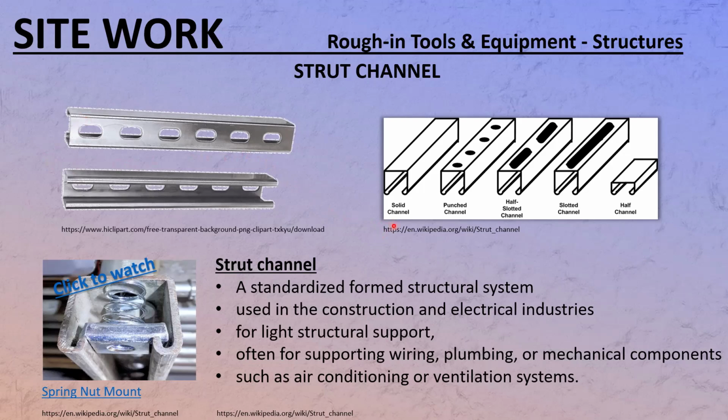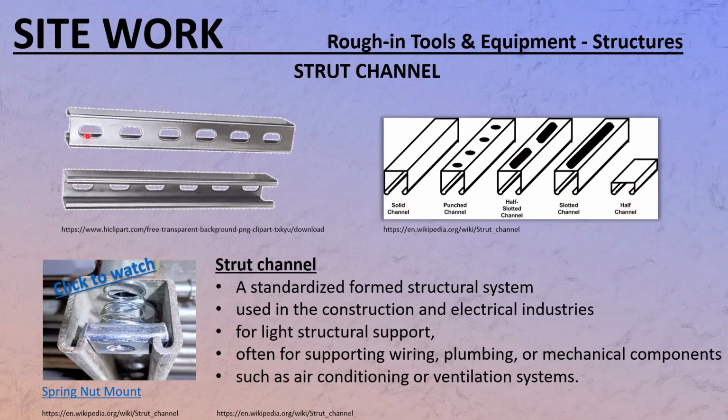Now, threaded rods, the strut channel, that's what it looks like. They come in different shapes, different versions. So solid channel, there are no holes in them. There's a punched channel, half slotted, that looks like slotted, and half channel.